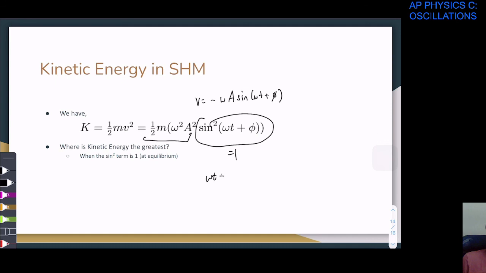That means omega t plus phi has to equal pi over 2 plus some multiple of pi, right? Because sine is equal to 1 over here, and it's equal to minus 1 over here. So any of these points, because we have sine squared, will give us our greatest value. So then you would just solve for t.